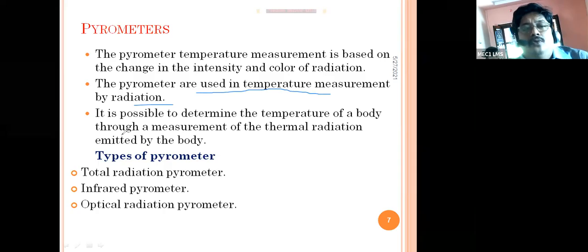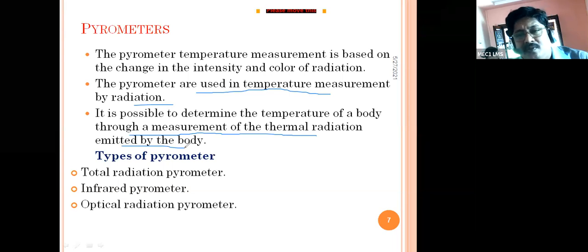And it is also possible to determine the temperature of a body through a measurement of thermal radiations emitted by the body. Thermal radiations mean the radiations emitted by a body that is very hot. I'm talking about those radiations, thermal radiations, the hot energy.